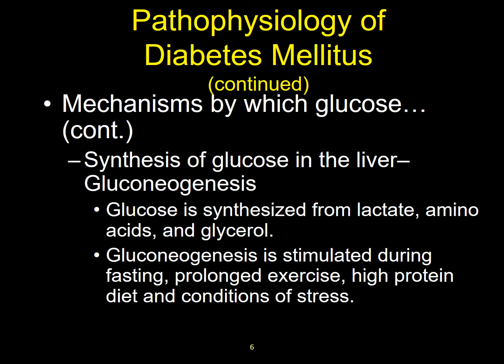This process happens in the liver, and it is stimulated during fasting, prolonged exercise, high protein diet, and conditions of physiologic stress. Because in those circumstances, either you're not putting glucose in your body, like fasting and high protein diets, or you need more than you've got, like prolonged exercise and conditions of physiologic stress.